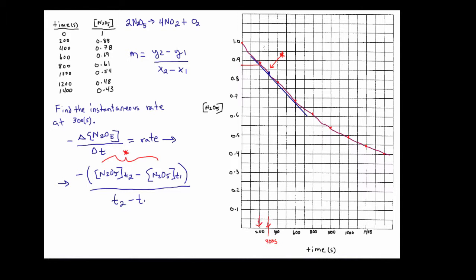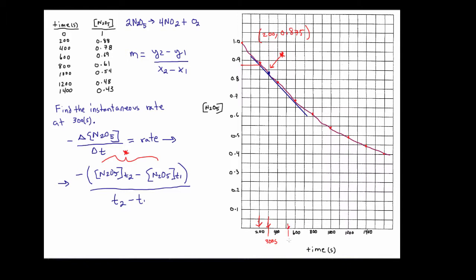Okay, and that point, I'll put the coordinates up here at the top, will be 200 for the T1, and then 200 seconds, and then the Y value is going to be 0.875. The second point that I'm going to utilize is going to be about right in here.